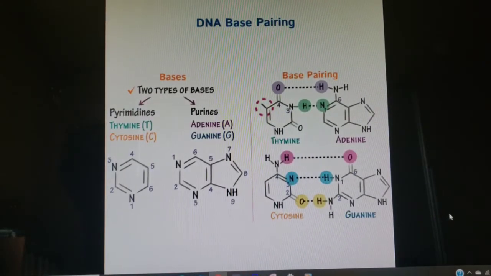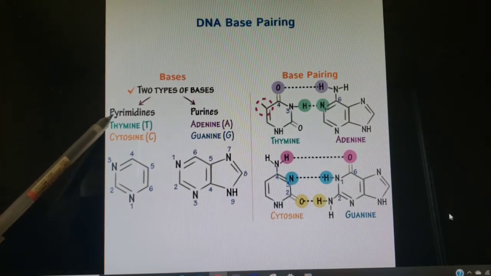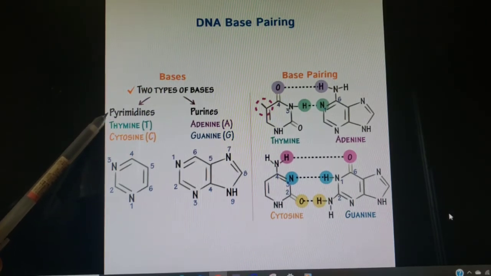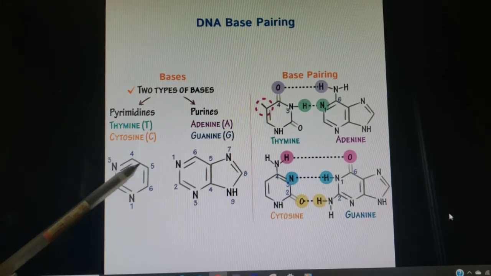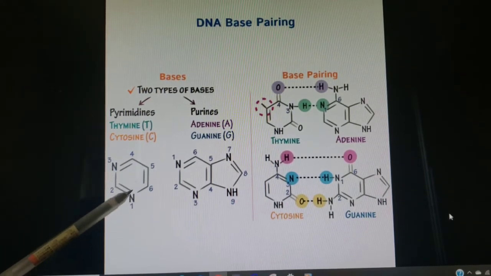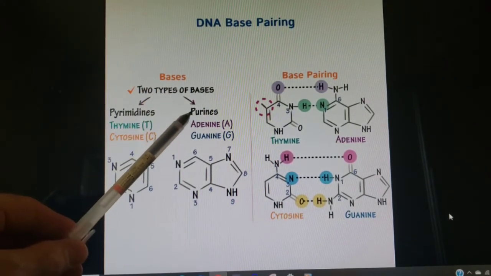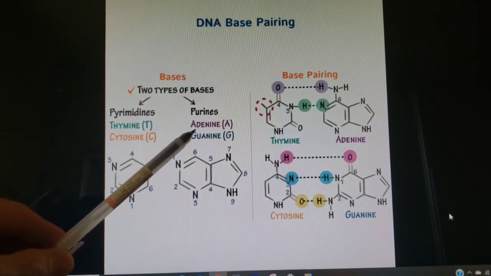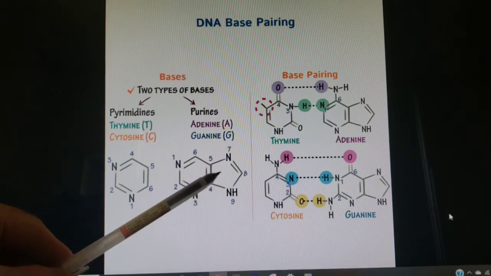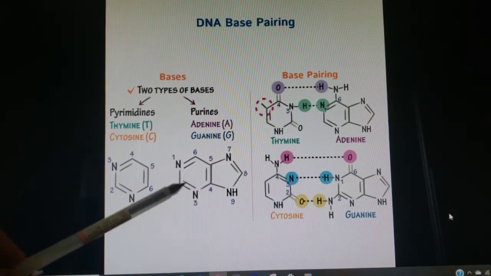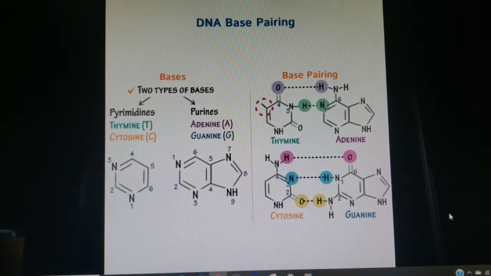There are 2 different types of nitrogen-containing base used in nucleic acids. They are either pyrimidines, known as thymine and cytosine, which are 6-membered rings that contain 2 nitrogens, or purines, like adenine or guanine, which are 2-ring molecules that contain 4 nitrogens.